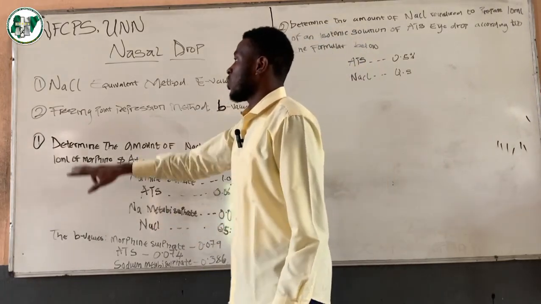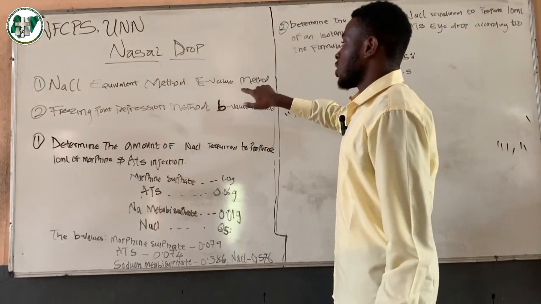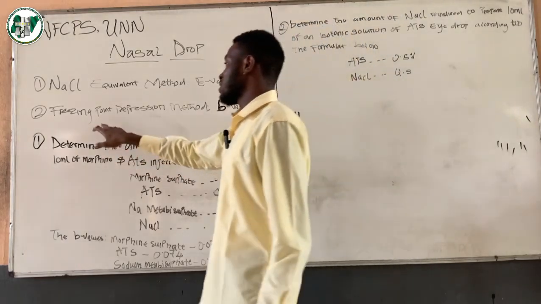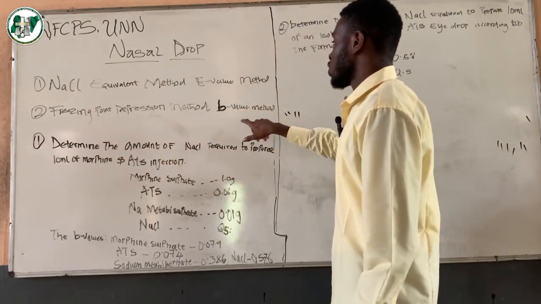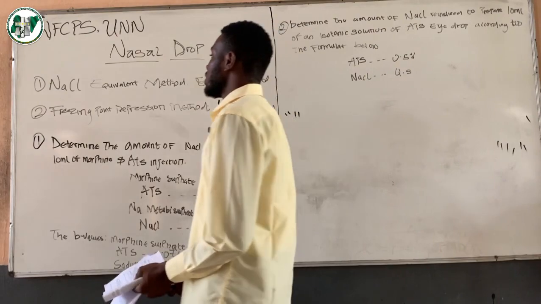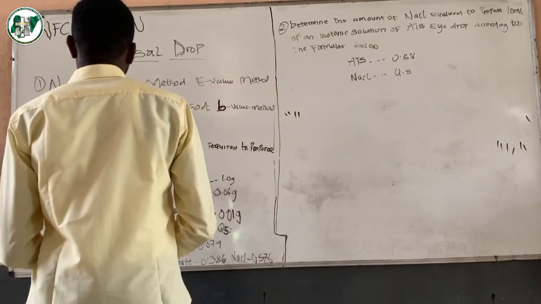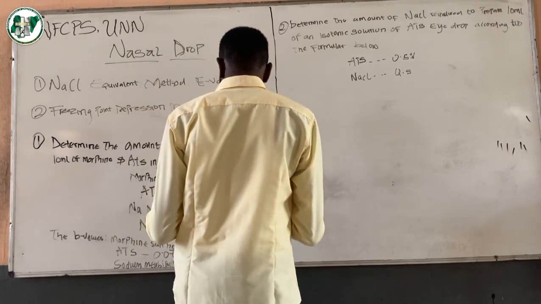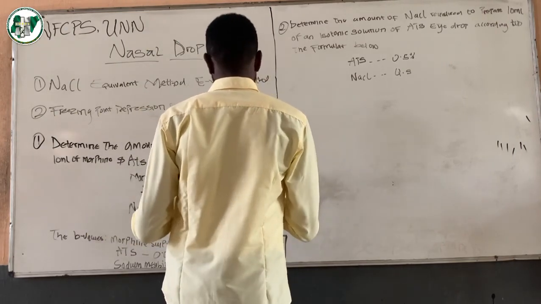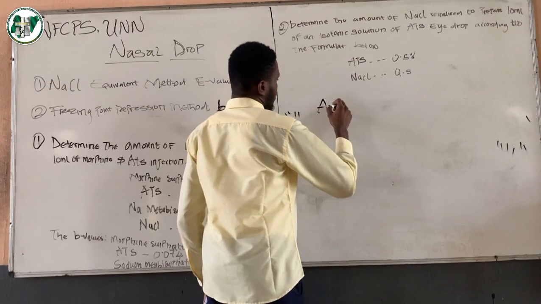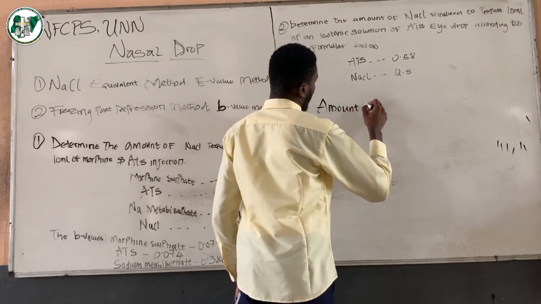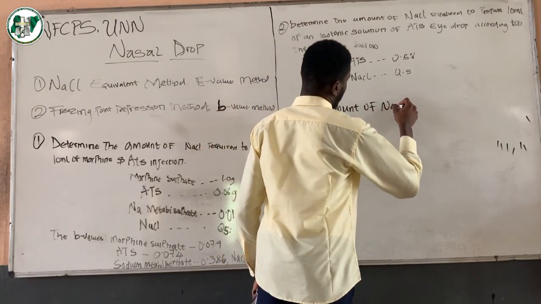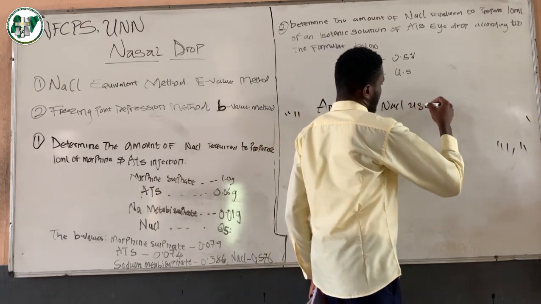With this method, we have the sodium equivalent method, which can also be called the E value, and the freezing point depression method, which can be called the B value. Now, when we're calculating for the sodium equivalent method, we make use of this formula, to get the amount of sodium chloride used.